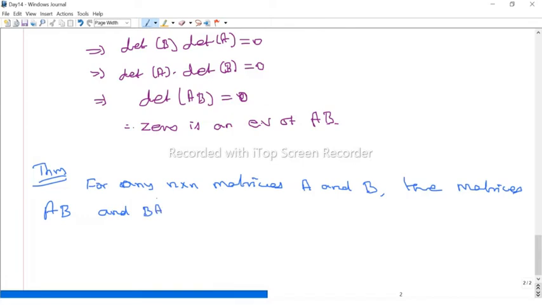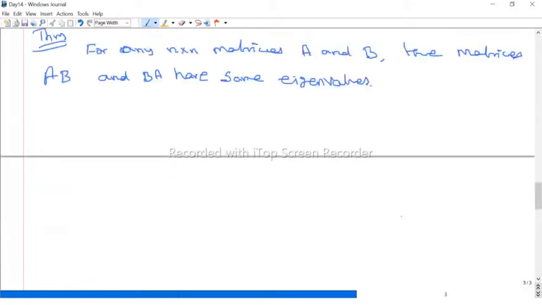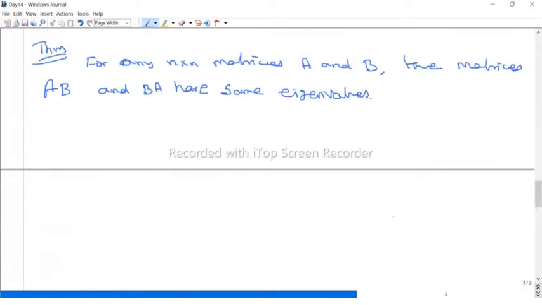That's why we talk about AB and BA. So the matrices AB and BA have the same eigenvalues, but the eigenvectors may be different. Eigenvalues are the same. So what is the proof of this? Suppose we start with an eigenvalue of AB. We have to prove that this eigenvalue should be an eigenvalue of BA. So, the proof.